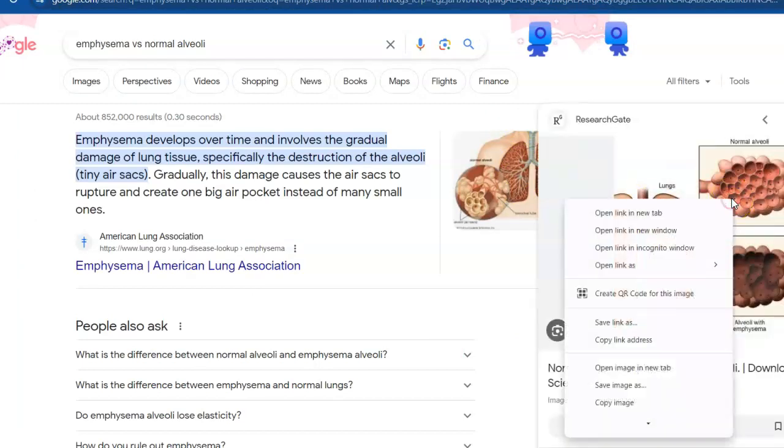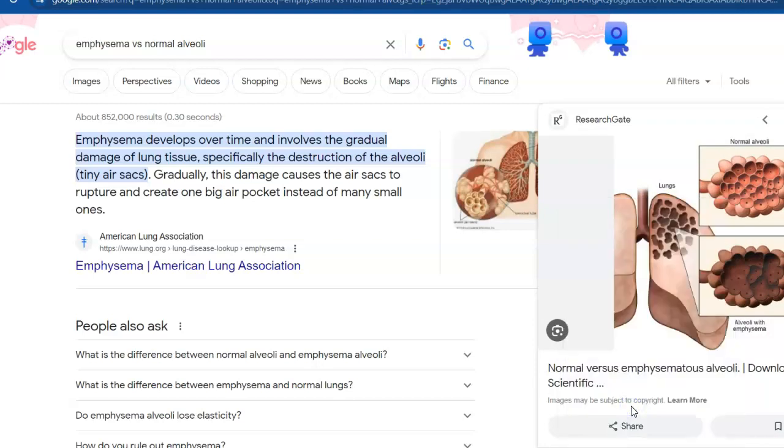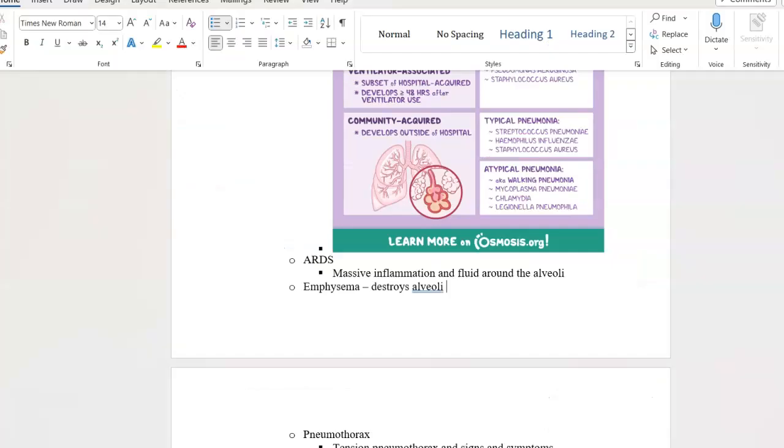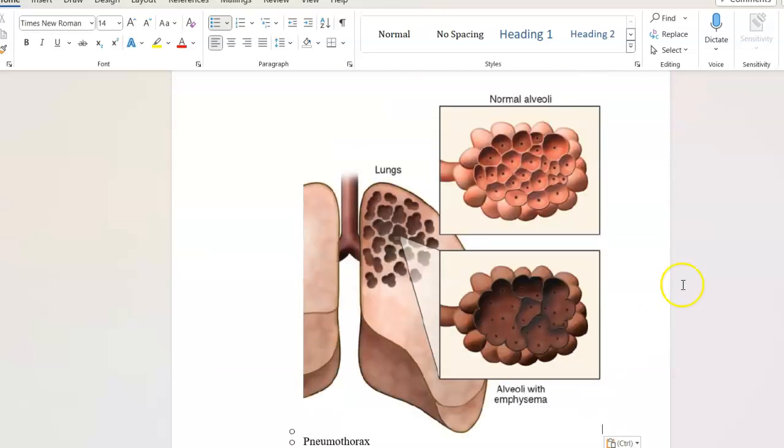So normally, I'm actually going to copy this image. That is from ResearchGate, should you want to go back and look at that.